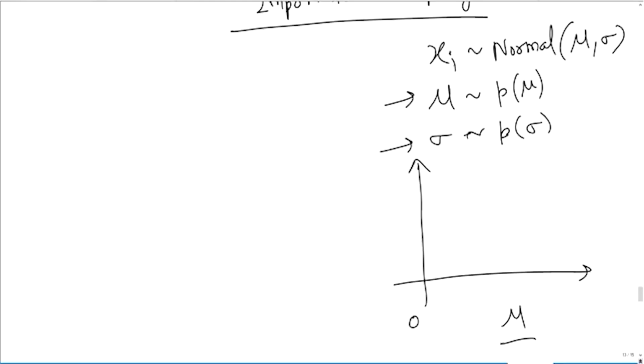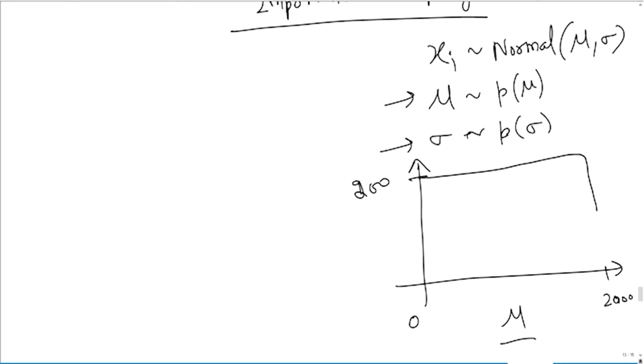So let's say between 0 and 2000. It can't be more than that. So let's say I take this range between 0 and 2000. And for sigma, it also cannot be negative, so it could be anywhere between, let's say, 0 and 200.